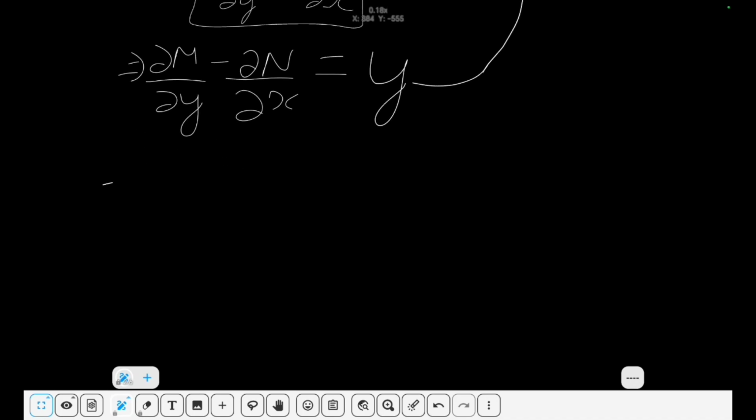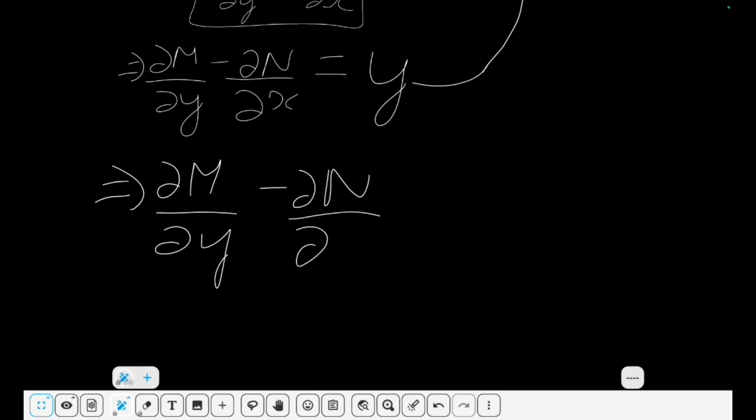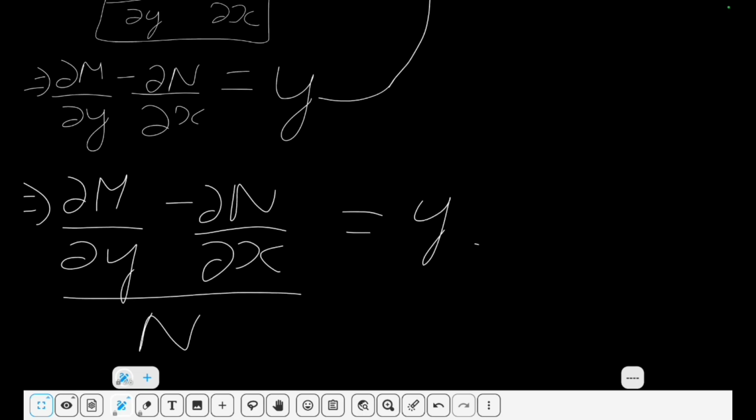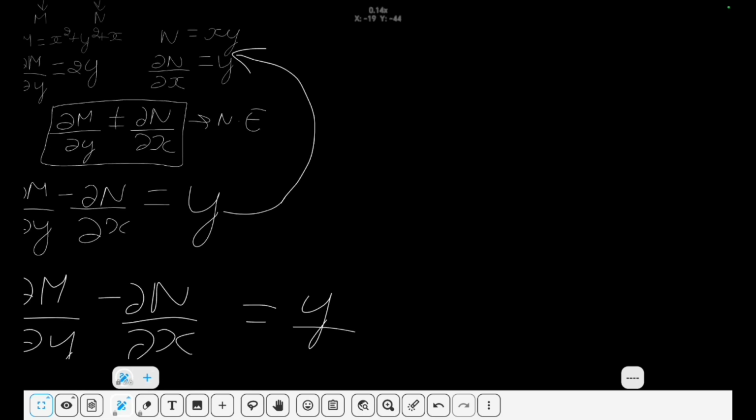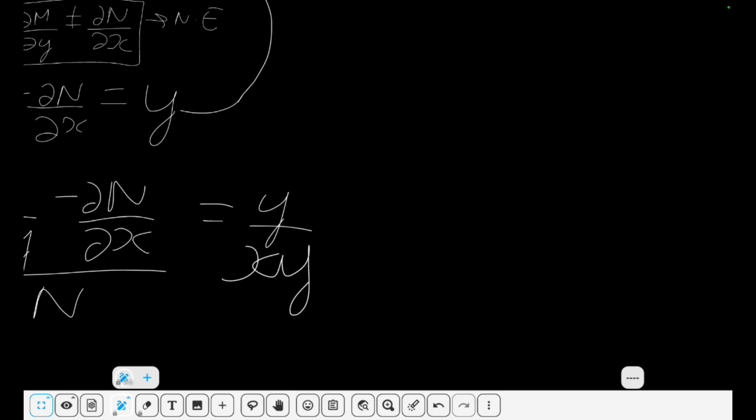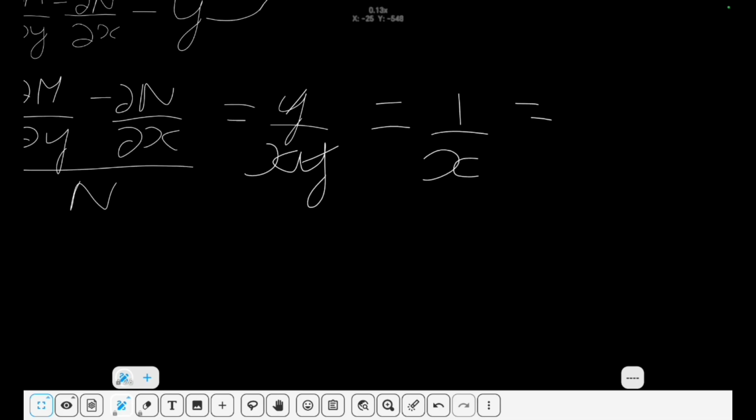Hence we divide by N, so that gives y by N will be xy, so when y gets cancelled, 1 by x, this will be my f of x.